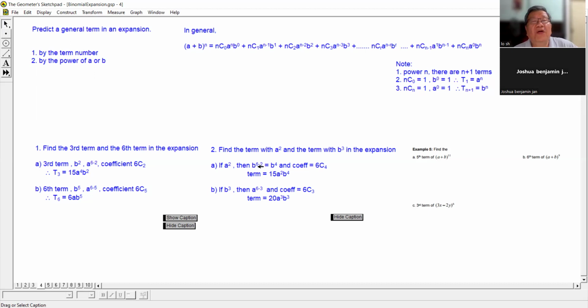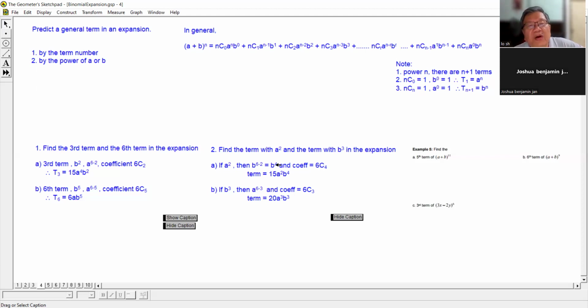How to get b to the power 4? We take that particular number, the n, which is 6. 6 minus this one. Then I know b is to the power 4. Now, if b is to the power 4, the coefficient always follows b. The coefficient won't follow a.